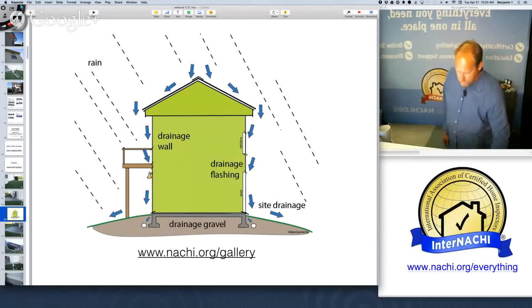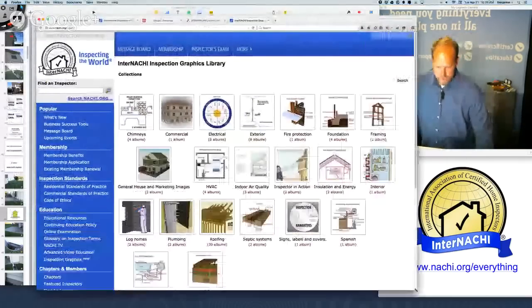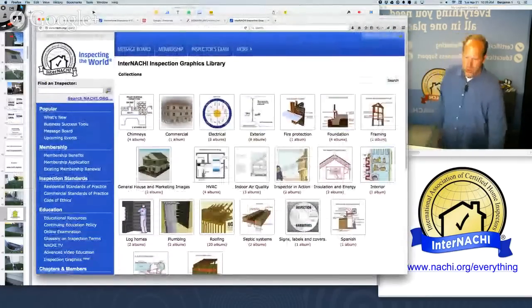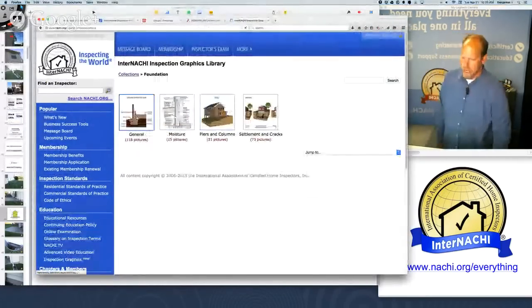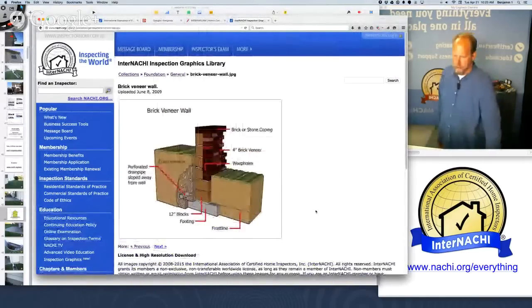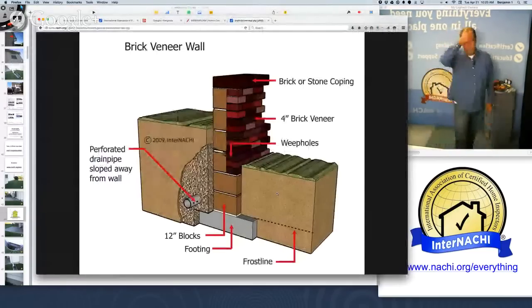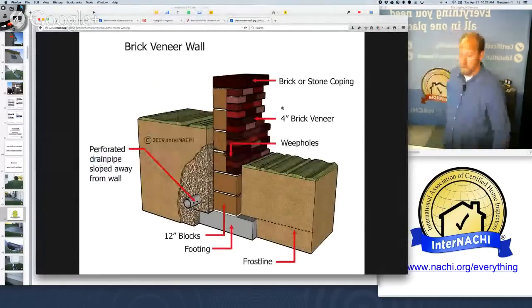And these graphics and illustrations are available to all of our members for free. So you click the gallery link there, and you get to the gallery of thousands of illustrations. And they're all downloadable. You can put them in your report, and they're high res. And there's a graphic there about some perforated drain pipe.